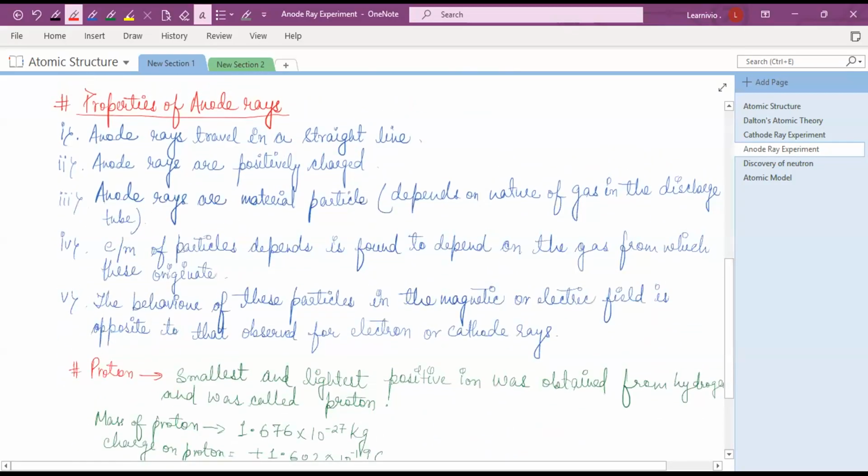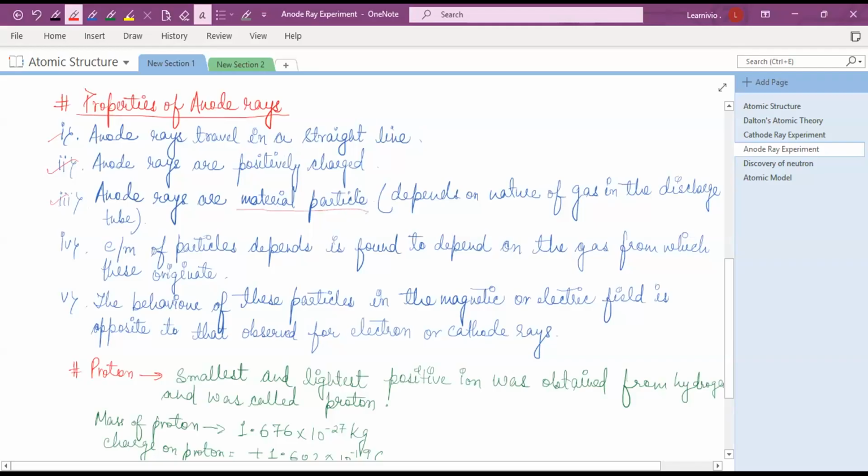Okay, so properties of anode ray. So what was the property? First property was the same, that anode rays travel in a straight line, right? But in this case, anode rays are positively charged. Yeah, anode rays are material particles. Just remember that.